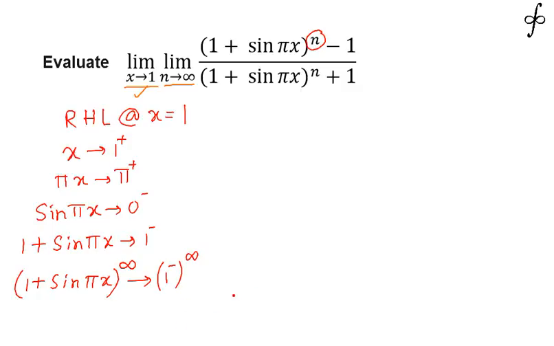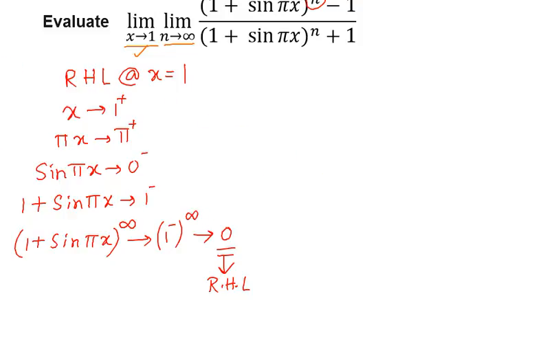Something slightly less than 1 multiplied infinite number of times gives lesser and lesser values, and that quantity will tend to 0. So the RHL answer is going to be 0 for this part.